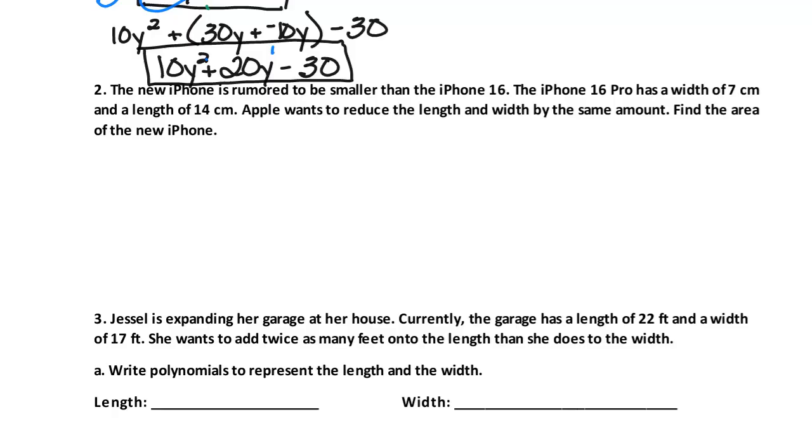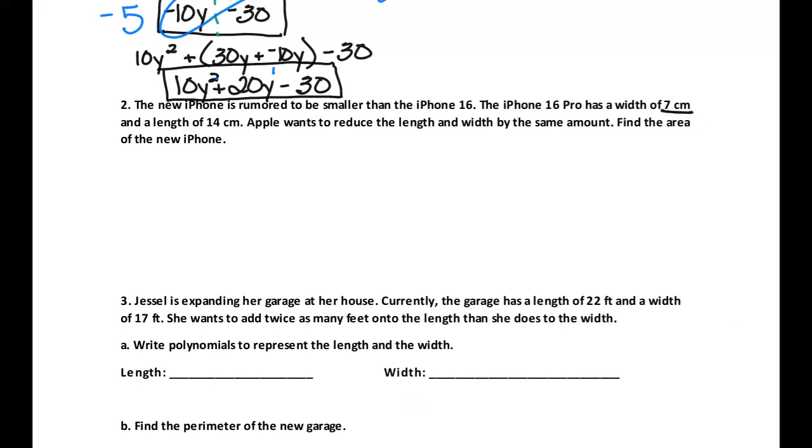It doesn't matter. The iPhone 16 Pro has a width of 7 centimeters, okay, and a length of 14. Apple wants to reduce the length and width by the same amount. Find the area of the new iPhone. That's interesting. All right, so I'm going to draw a picture of an iPhone.